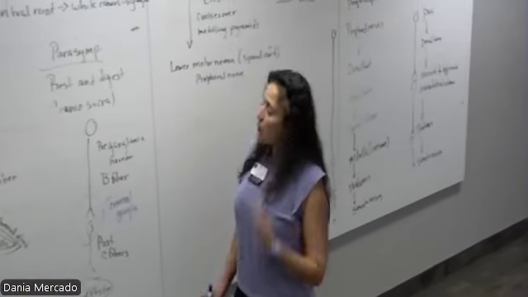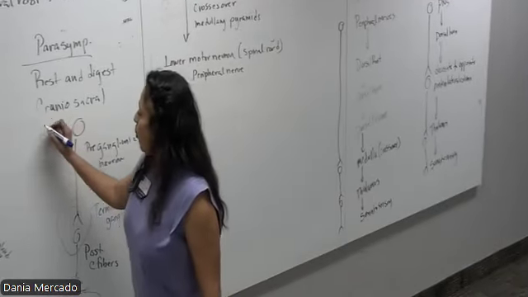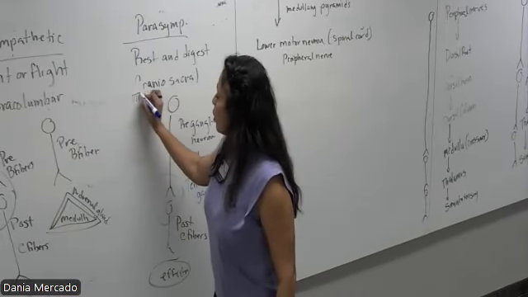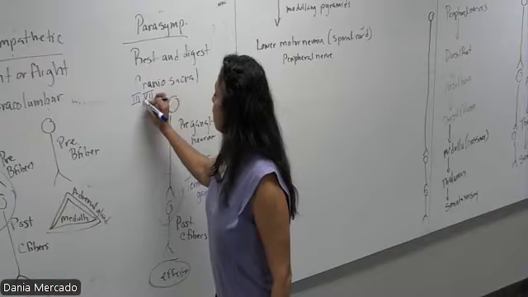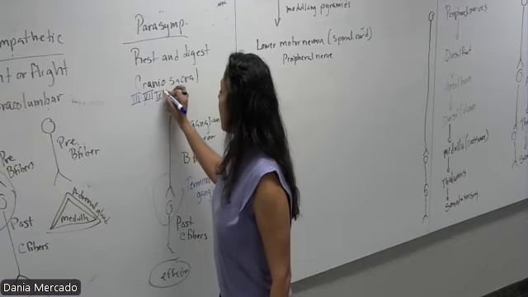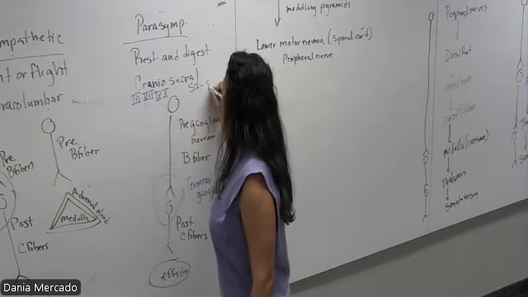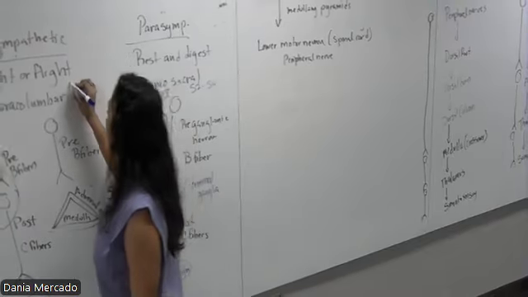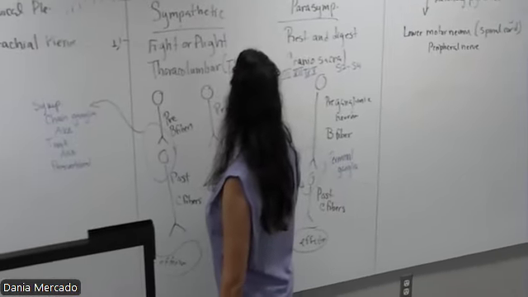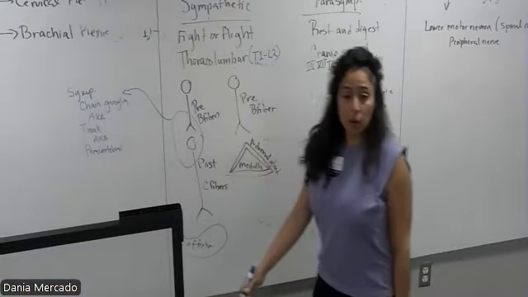The parasympathetic cranial part is going to be cranial nerves 3, 7, 9, and 10, and sacral segments S2 to S4.